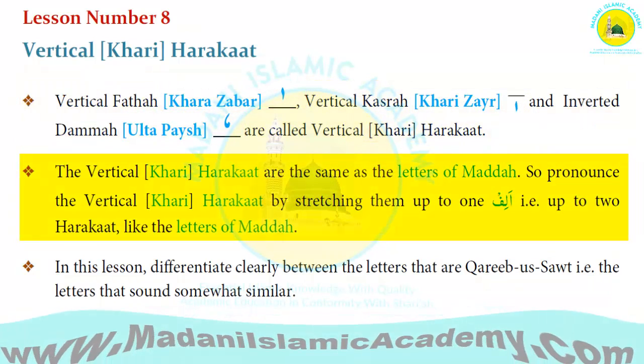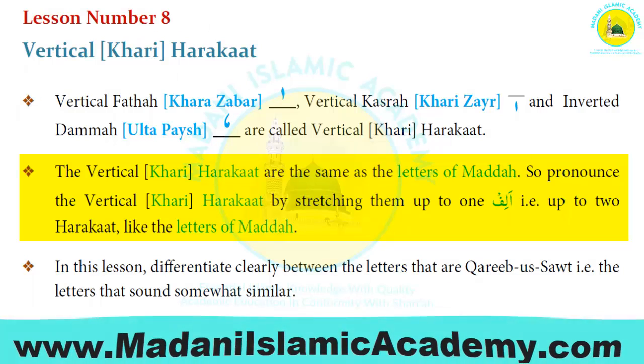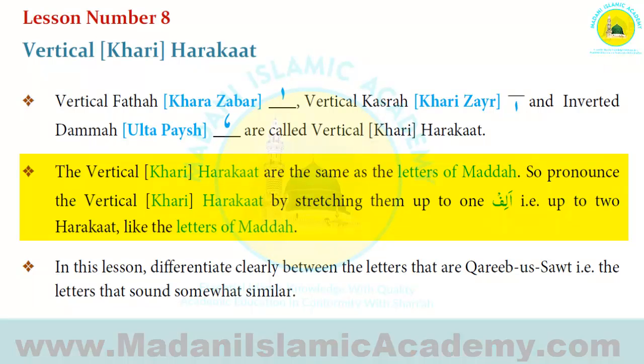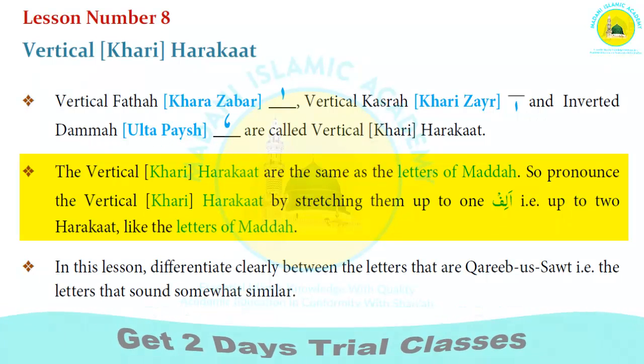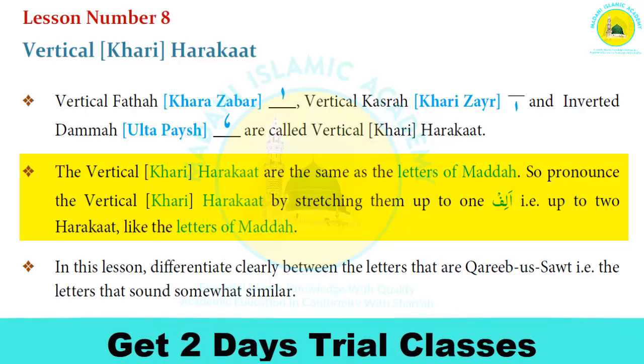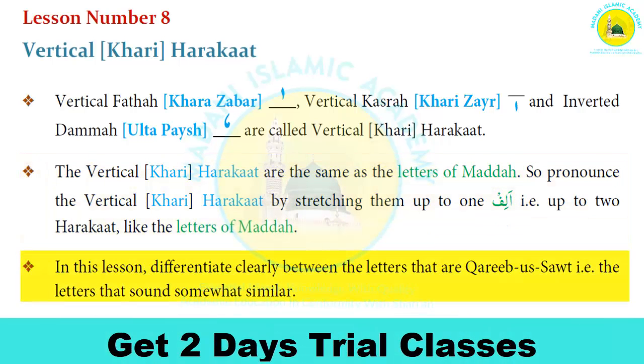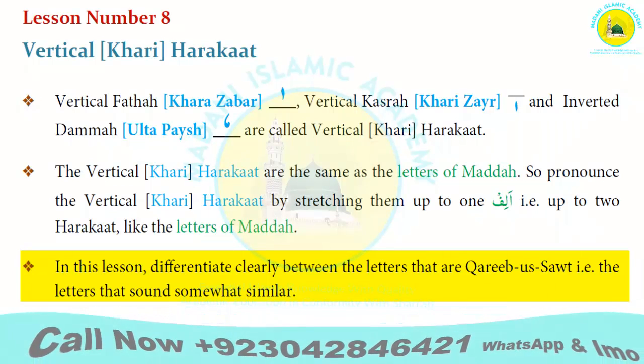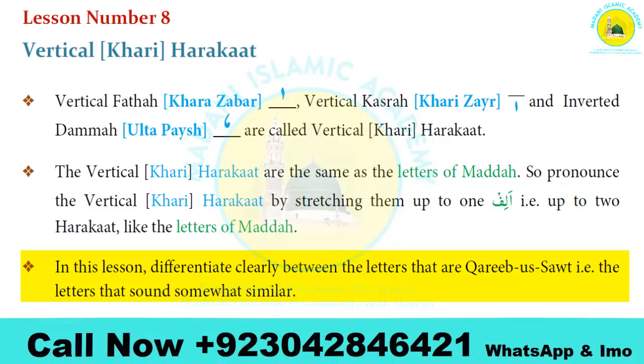The khadi harakat are the same as the letters of madda. So pronounce the khadi harakat by stretching them up to one alif, i.e. two harakat like the letters of madda. In this lesson also differentiate clearly between the letters that are qaribus sawt, the letters that sound somewhat similar.